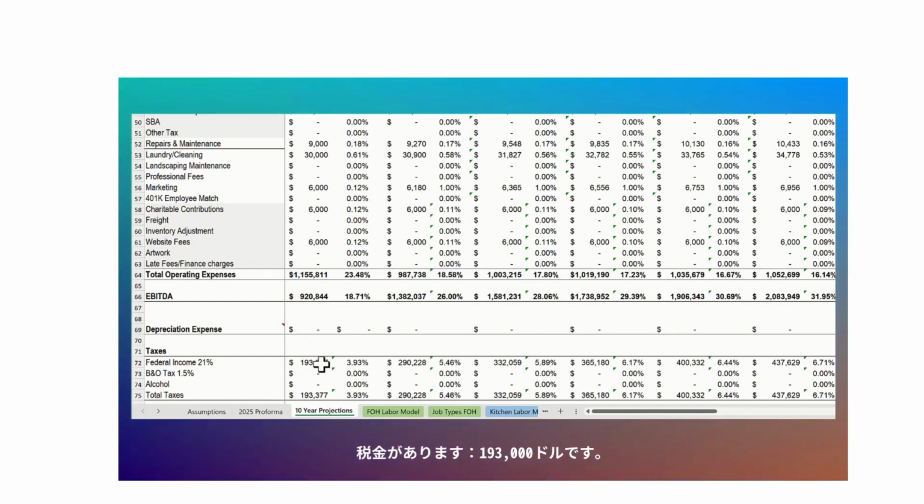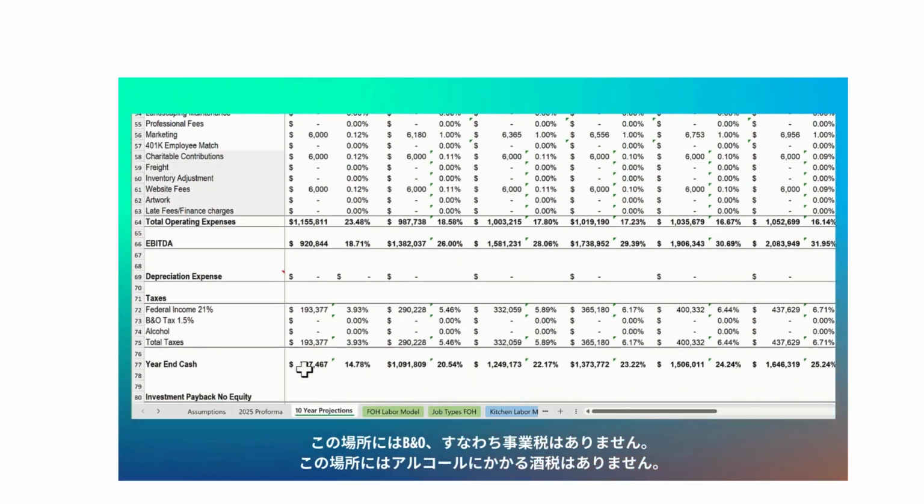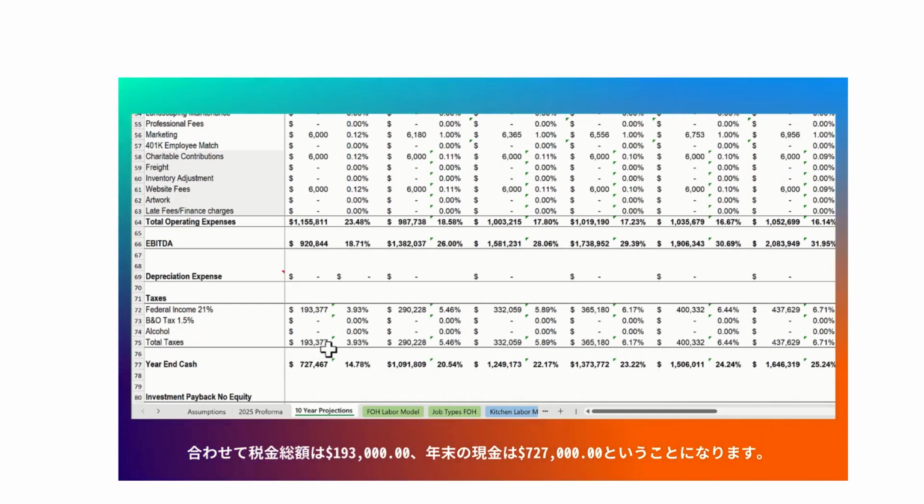And then we have our taxes, which is $193,000. This particular location doesn't have a B&O tax. This particular location doesn't have an alcohol tax. And then our total taxes are $193,000, and our year-end cash is $727,000.